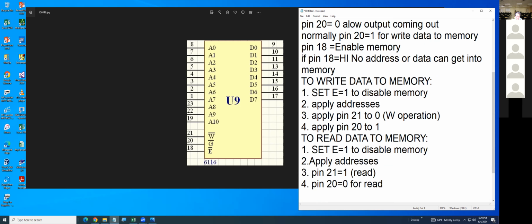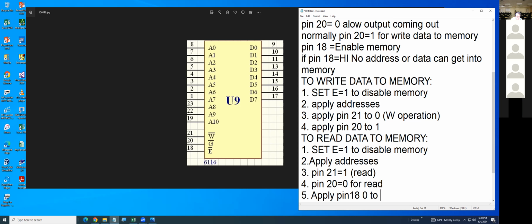Now, last one, number 5, apply pin 18 zero.